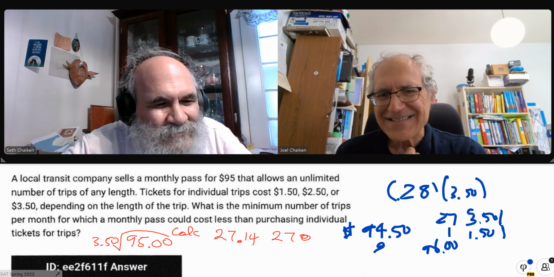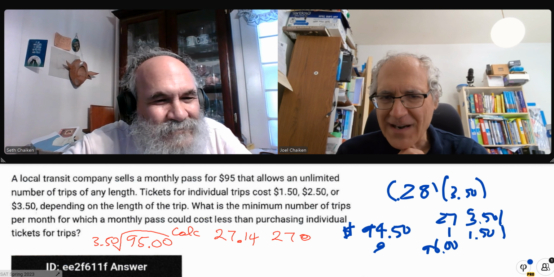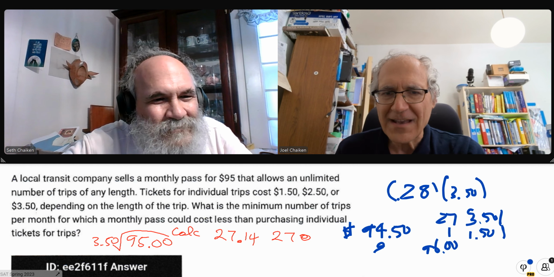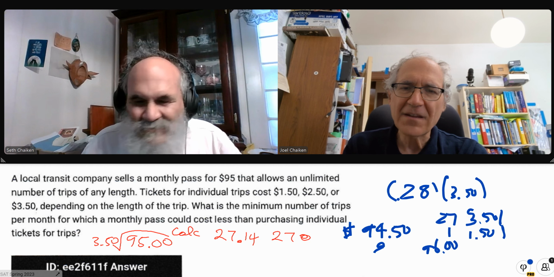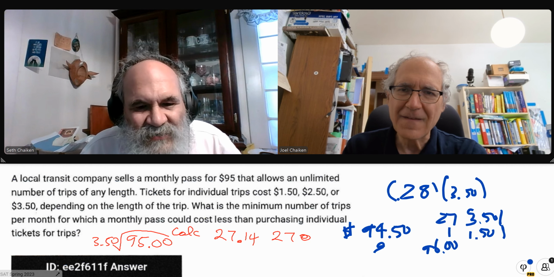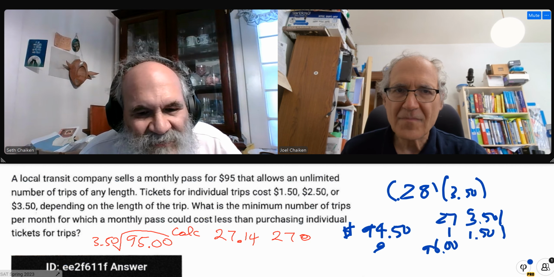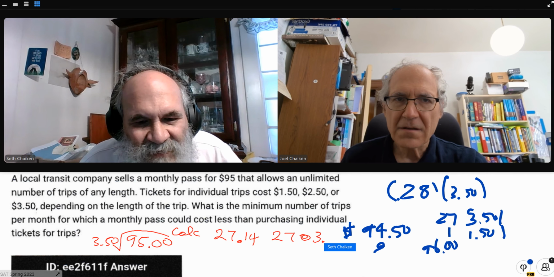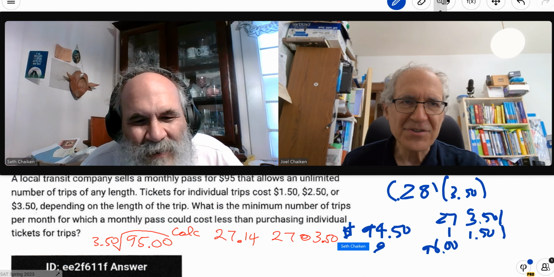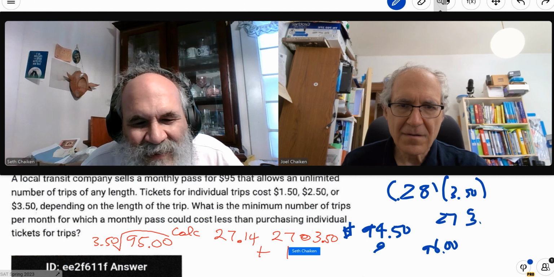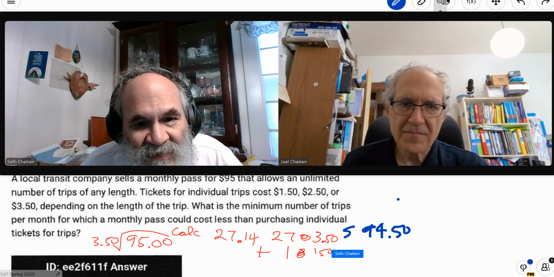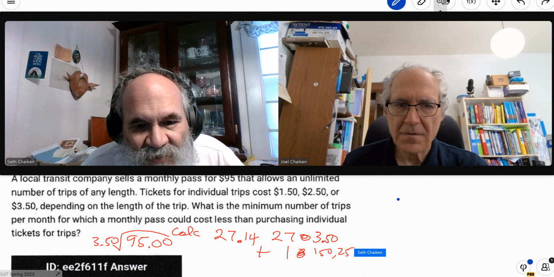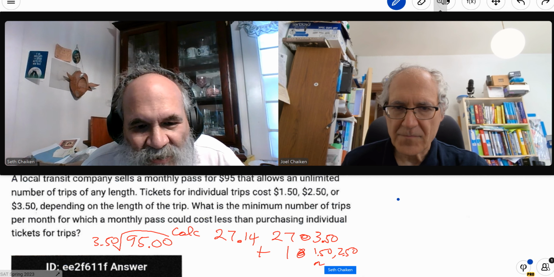Well, it's not that easy because you have to think about what minimum number of trips means. You have to make sure to divide by $3.50, not by $1.50. It's 27 at $3.50, and then plus one trip at any price, $1.50, $2.50, or $3.50.